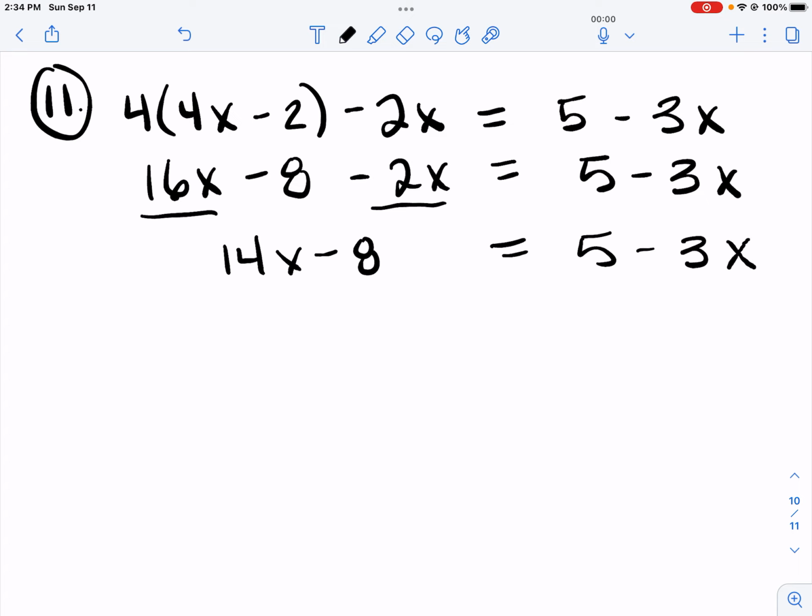Okay, now that minus 3x on the right is smaller than 14, so I'm going to add 3x on both sides. So the minus 3x plus 3x cancels. I put the plus 3x under its like term. So add here.